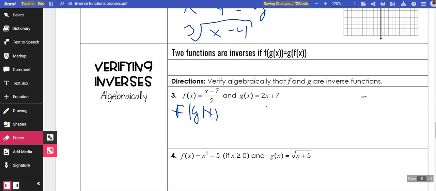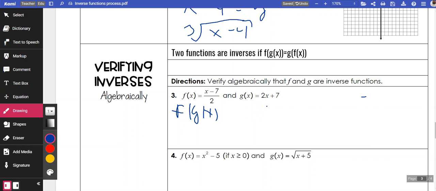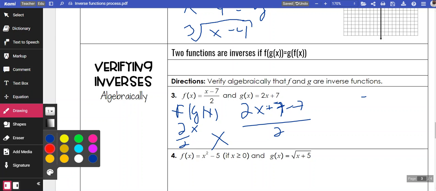I'm going to take 2x plus 7, minus 7, all over 2. So I get 2x over 2. So that cancels out. I just get x. So f of g of x gets you x.